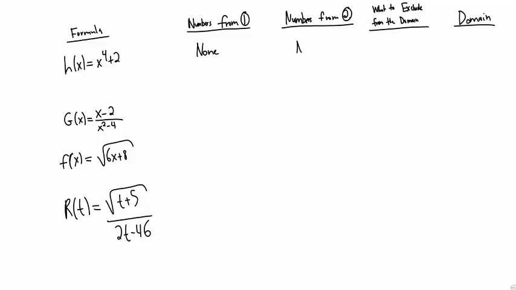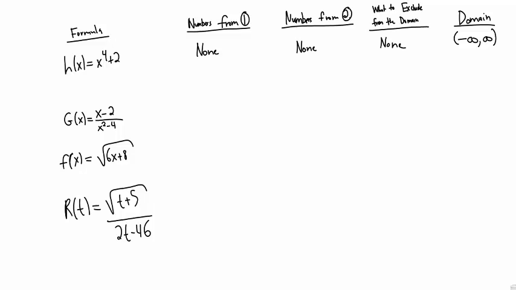So there are, of course, no numbers leading to taking an even index root of a negative number. So right away we know that there are no numbers to exclude, so the domain is all real numbers. Written in interval notation, it looks like that.